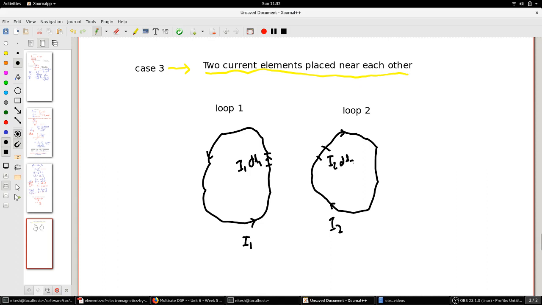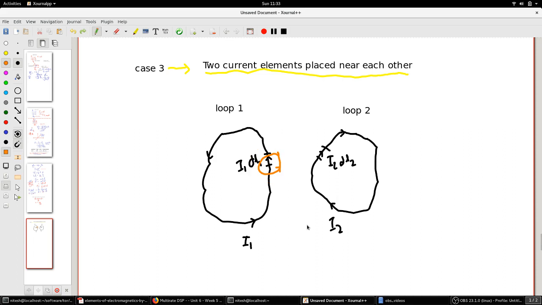So I2 dl2 is the small current element here. Both of these are going to produce magnetic fields, right? So I1 dl1 is going to produce a magnetic field, and the direction of the magnetic field will be concentric in this way, if you use the right hand thumb rule.